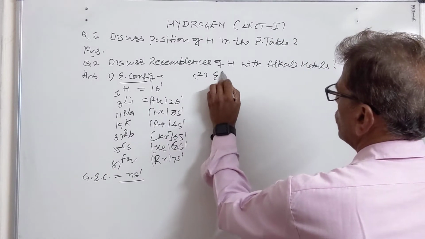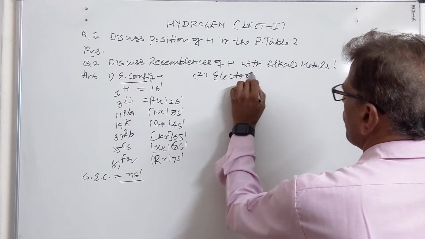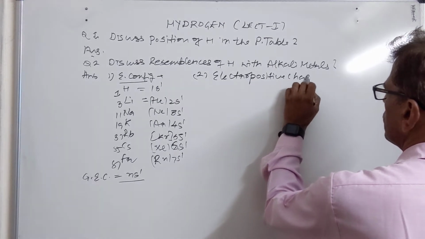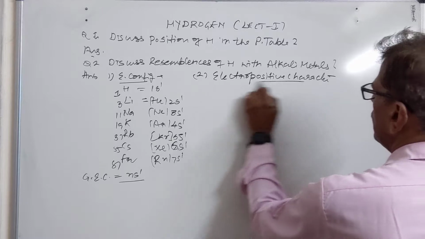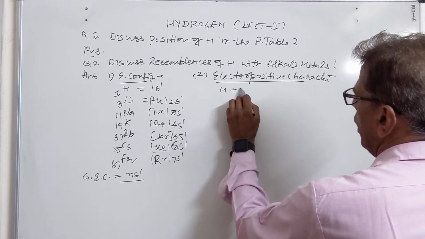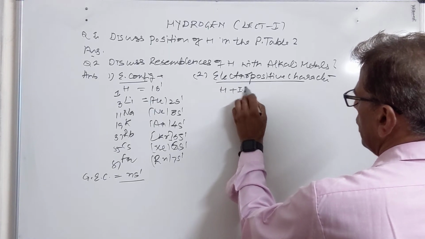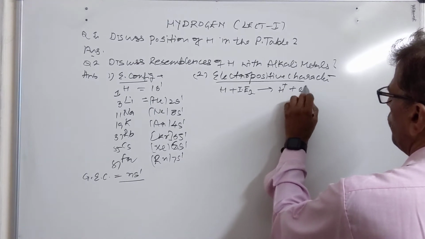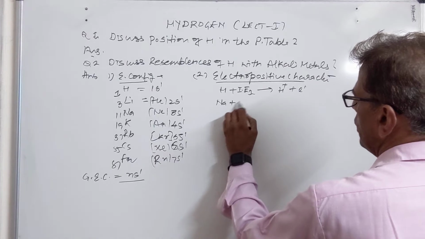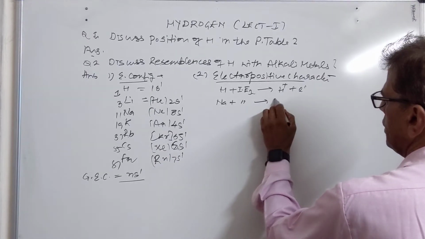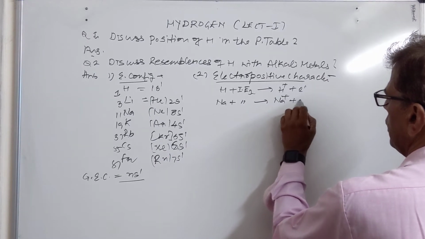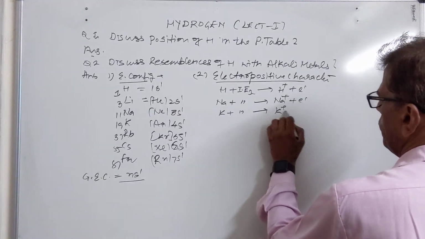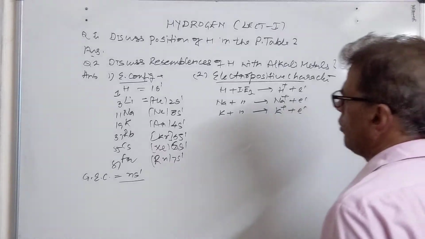Second is electropositive character. Just like alkali metals, hydrogen has the capacity to release one electron and form a unipositive ion. Sodium, when given first ionization energy, will form Na+ plus an electron. Potassium, given first ionization energy, will form K+ and an electron is released.